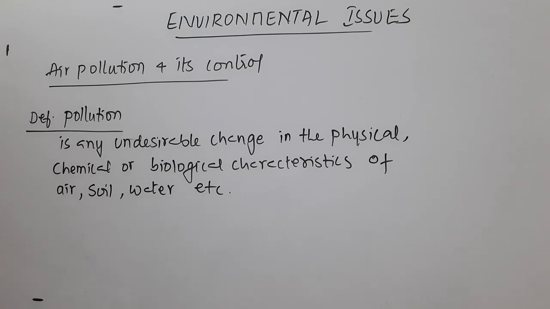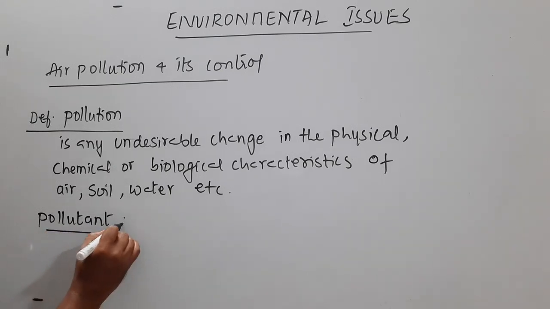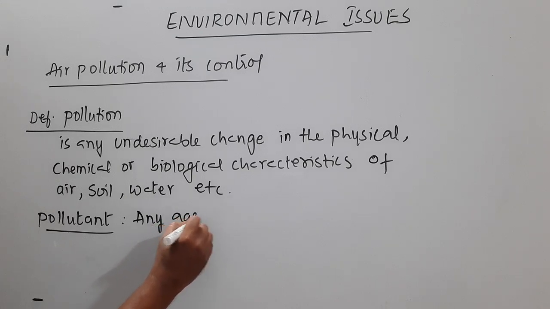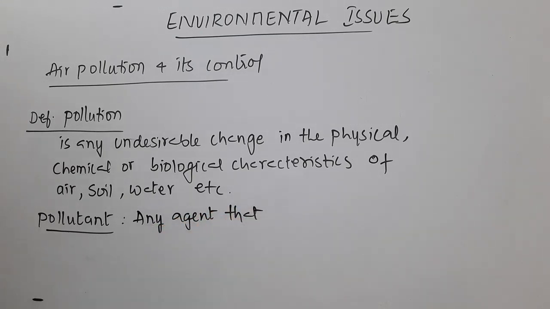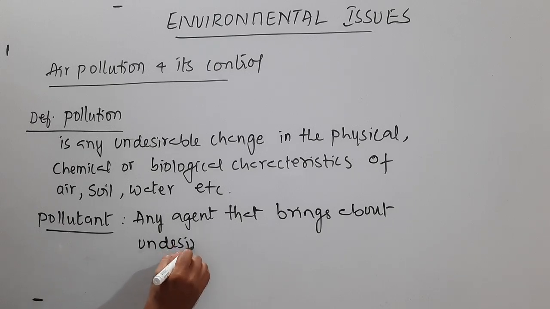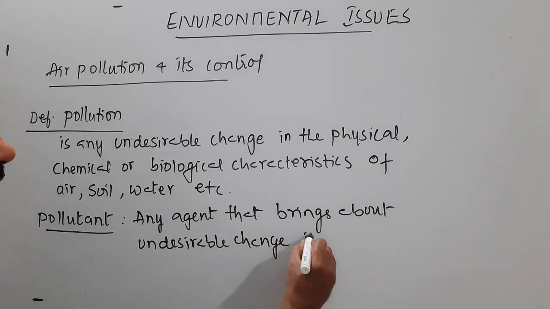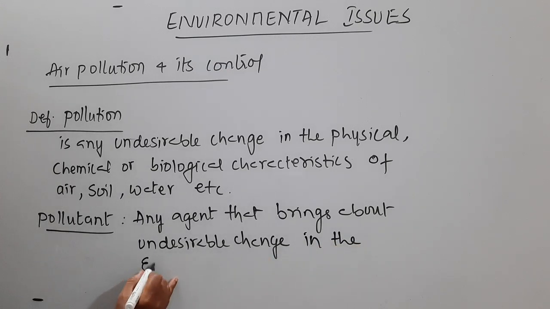Now the agents that cause pollution are called pollutants. So what is a pollutant? A pollutant is any agent that brings about an undesirable change in the environment.